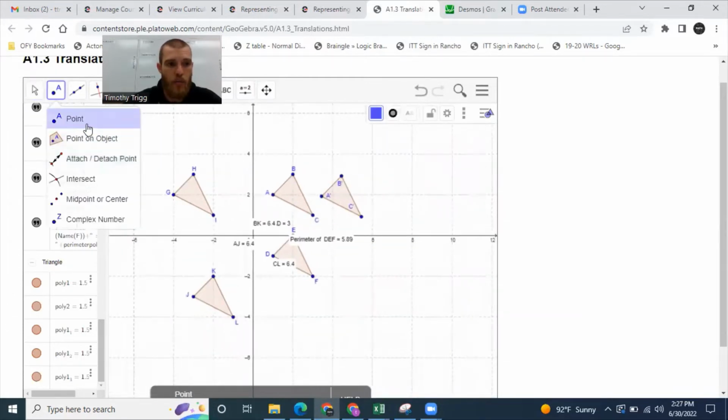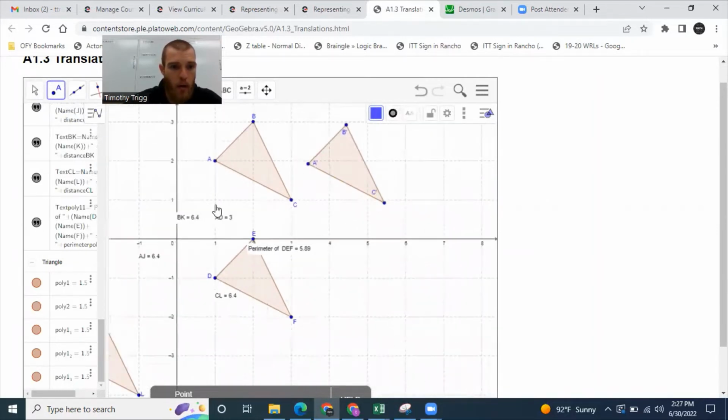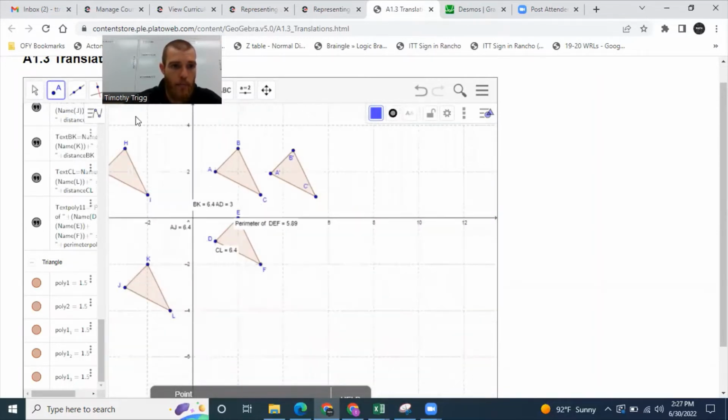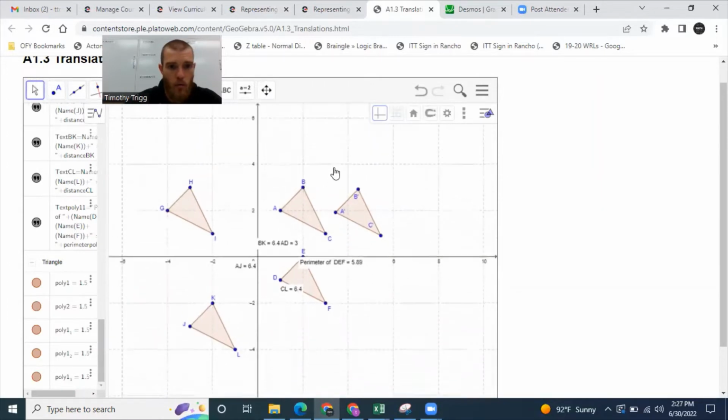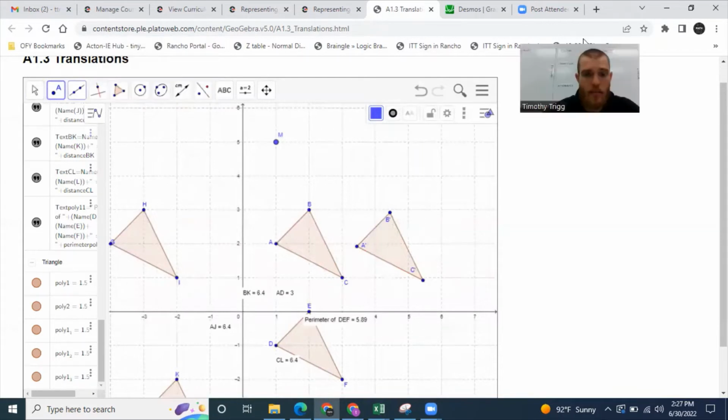You can go to the point tool, and we want a point at 1, 5, which is over here. And then our other point was -2, 1. It's where I is essentially. So we'd find the distance from M to I in this case.